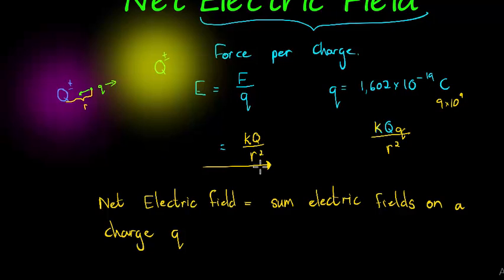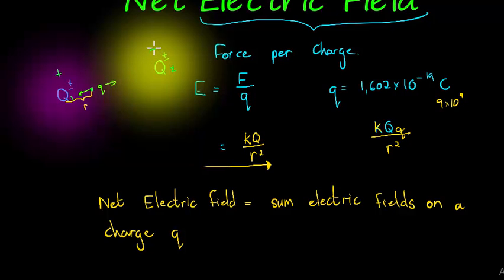The question is, what is the net effect? In the end, what is happening to q? Is it experiencing a force in the direction of Q2? Let's say this is Q2 and that is Q1, and it all depends on the sum of these. If this one, for example, is positive, it's going to repel that one. If this one is negative, it will attract it. So the electric field this charge will experience will be quite big in the direction of Q2.